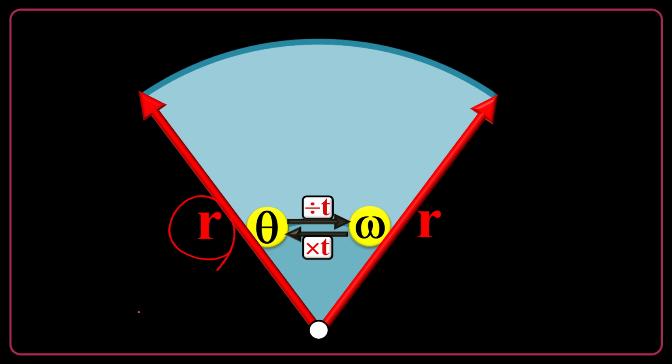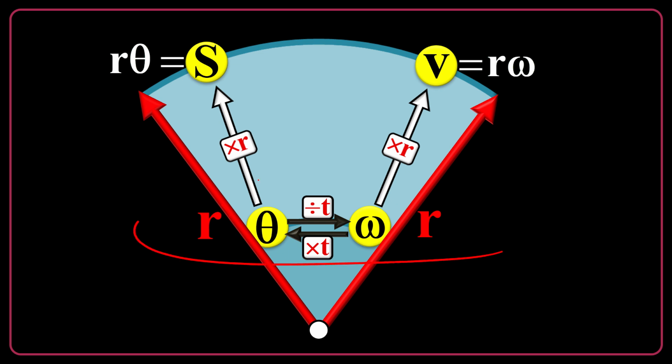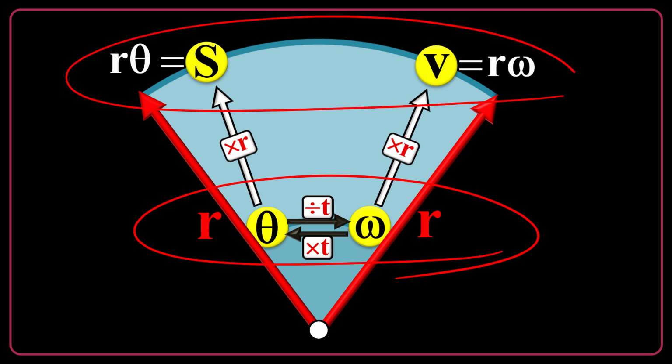This elevator takes me to the linear quantities. s is the arc length, the distance traveled, the linear distance. And here, if I multiply omega by r, I will get v. You know that s is rθ and v is rω. So to go from angular quantities to linear quantities, you should use the elevator of r.